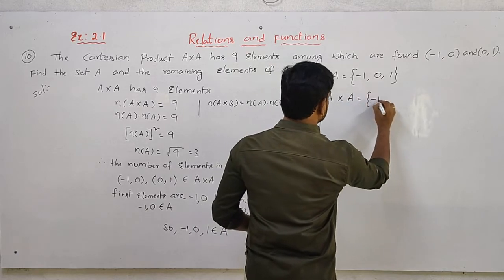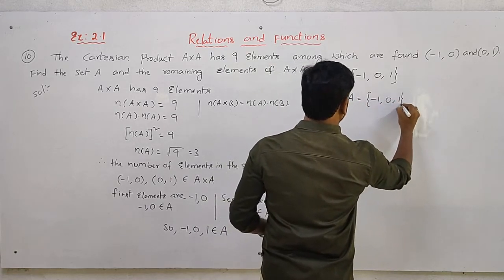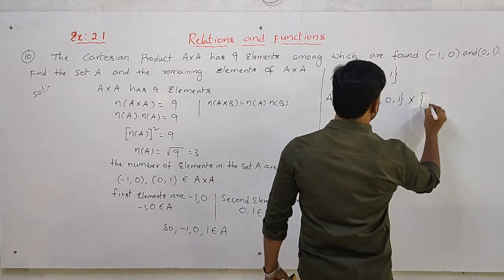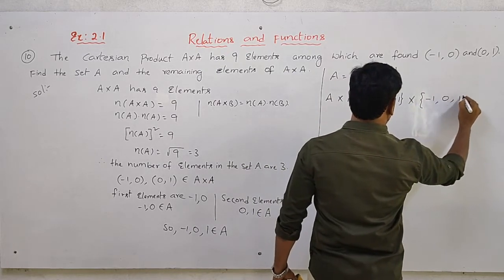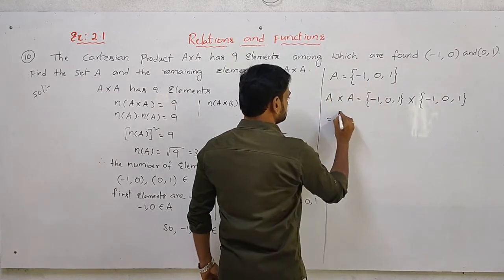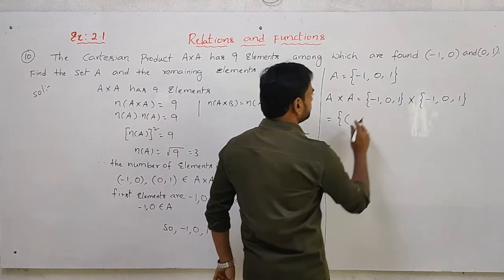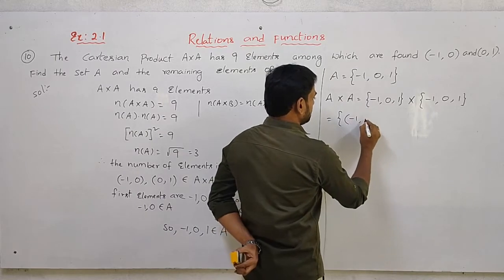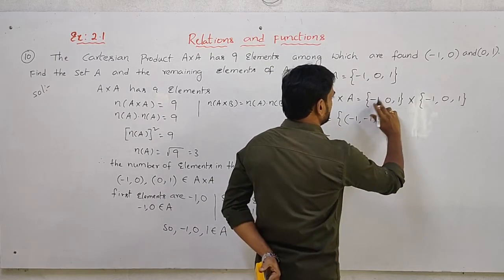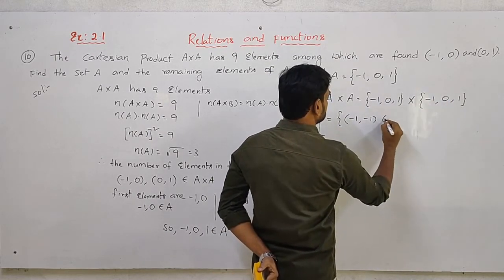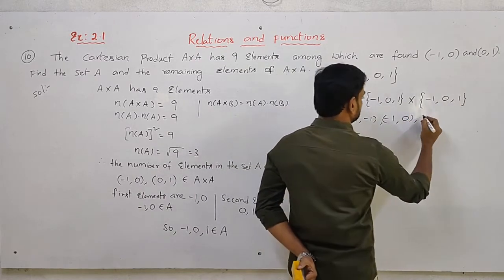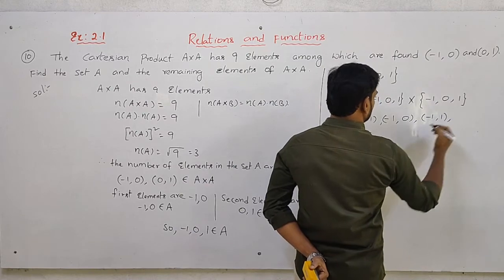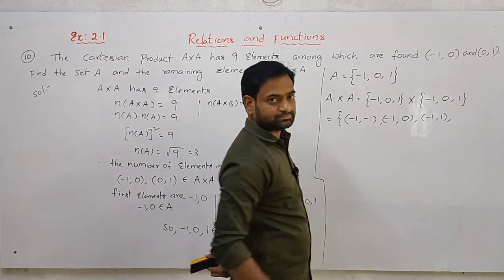A is {-1, 0, 1} cross again A, {-1, 0, 1}. So write down the ordered pairs, that is (-1, -1). Next with -1, the remaining two elements, (-1, 0), (-1, 1). Next with -1 complete.